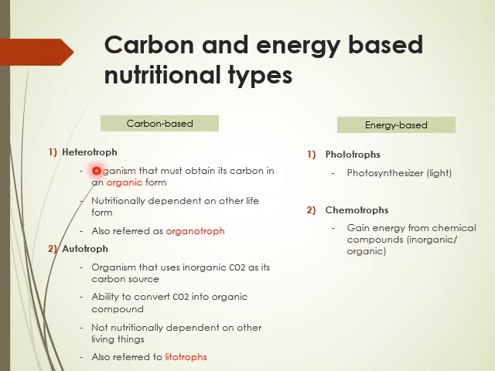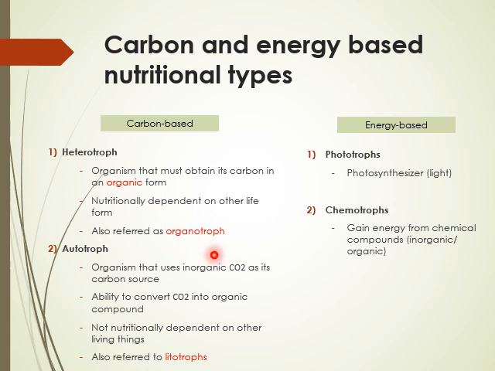Let's go to the carbon base first. The first group is heterotroph, an organism that must obtain its carbon in an organic form. Where do you get this organic form? It is from other living organisms or other life forms. This heterotroph is also known as organotroph.